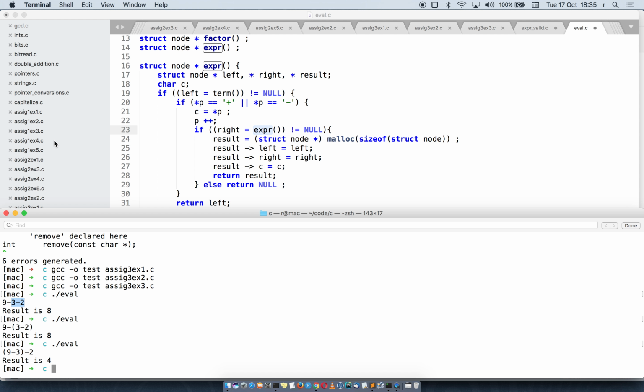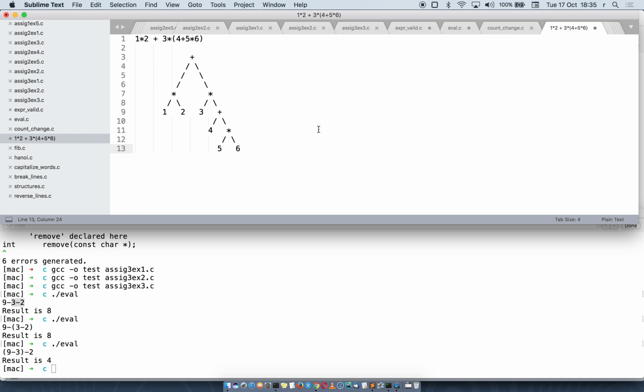In other words, if we look at a tree like this, what we would want to have is minus, so another minus here, and then 3 and 9 here, and this should be 3, right? This is ideally what we'd like to have, and there's a 2.